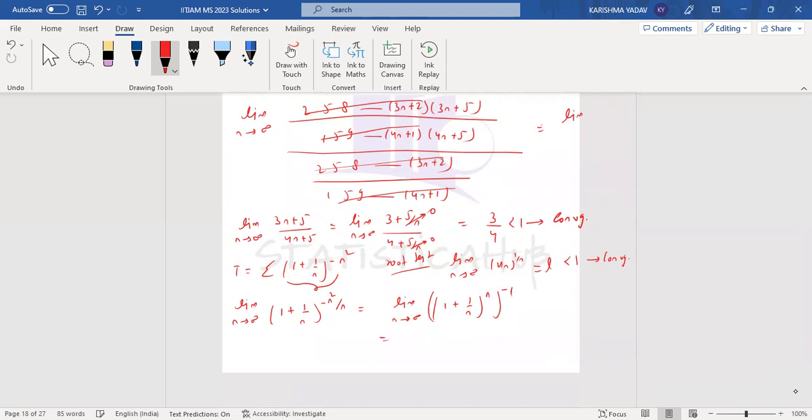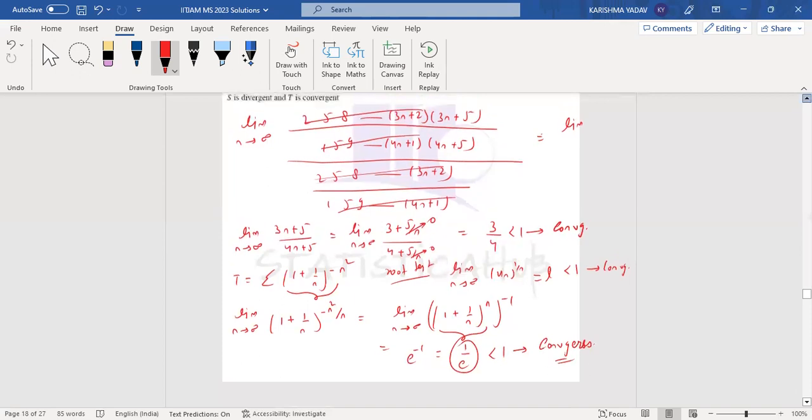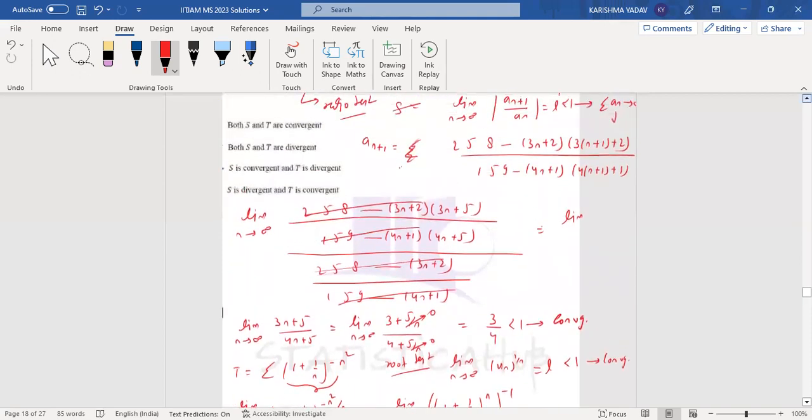Limit n tends to infinity of (1 + 1/n)^n is equal to e, so we get e to the power minus 1, that is 1 by e, and this term always remains less than 1. So series T also converges by the root test. The correct option here is that both S and T are convergent, that is option number 1.